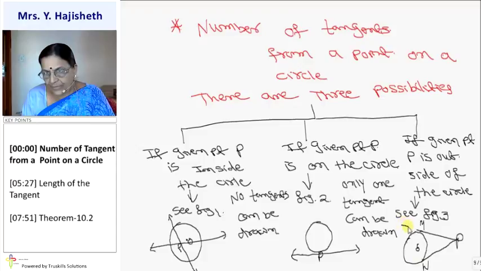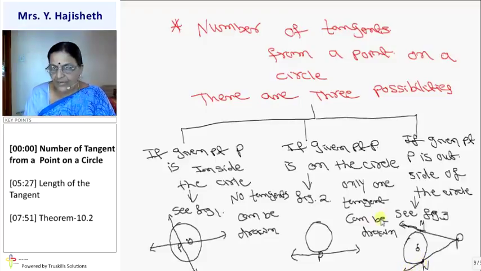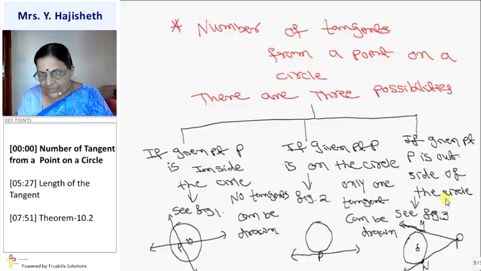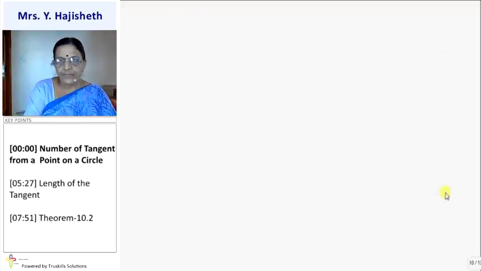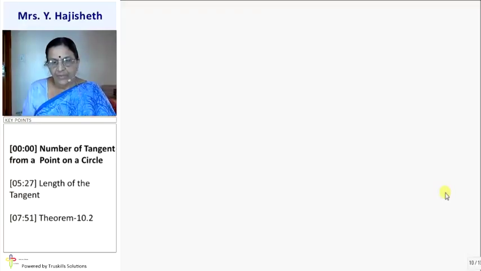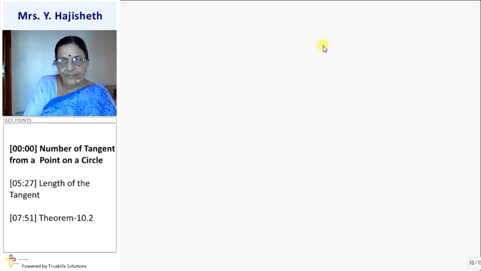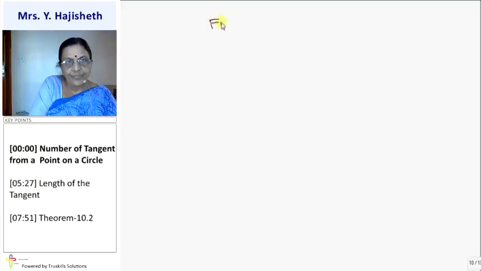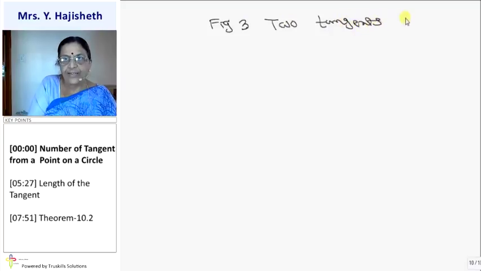This line can be extended like this. This also can be extended like this. Clear? So how many can be drawn here in figure 3? Two tangents can be drawn.